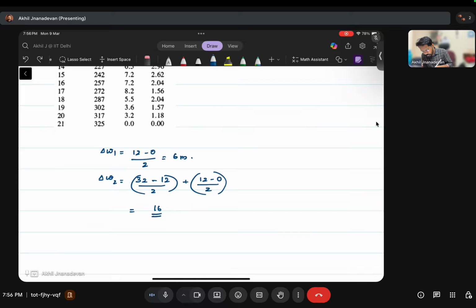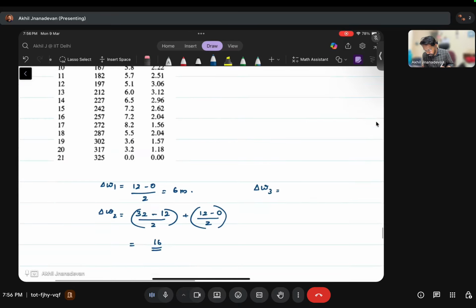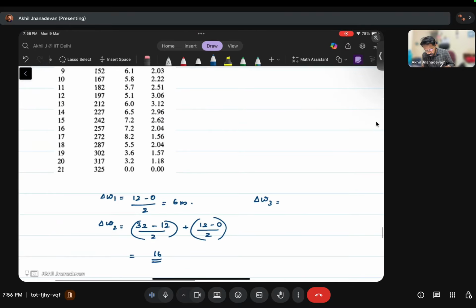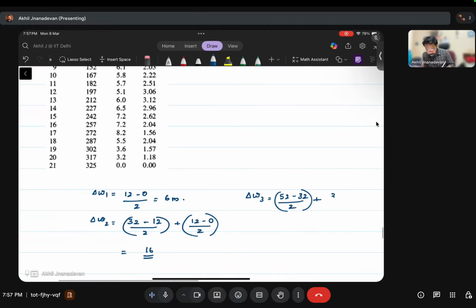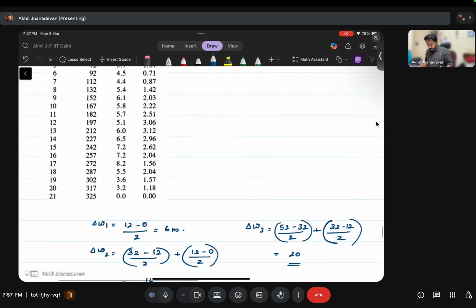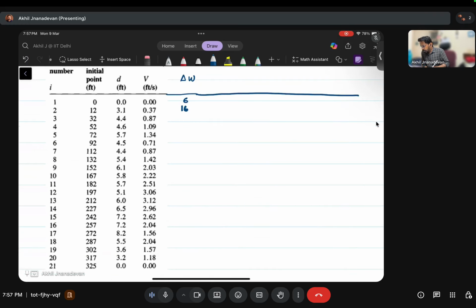You can show one more sample calculation, delta W3, that will be 52 minus 32 by 2 plus 32 minus 12 by 2, right? You can solve this. It will come around 20. The rest I'm not solving.